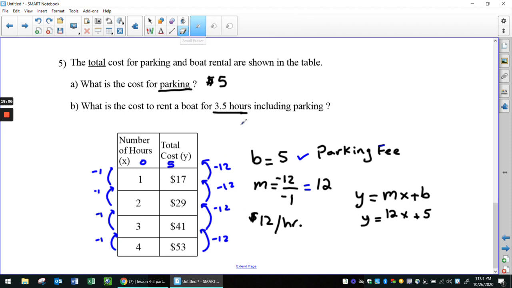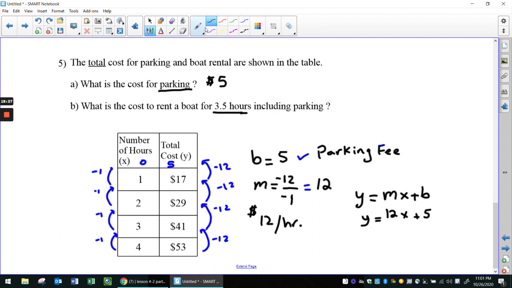So when you're seeing the slope, now you hopefully understand the meaning of the slope with respect to a problem. So if I wanted to rent the boat for 3.5 hours, the number of hours, as you could see, is my x value.